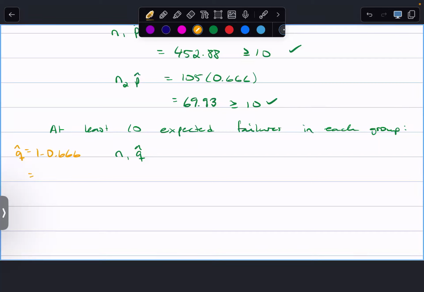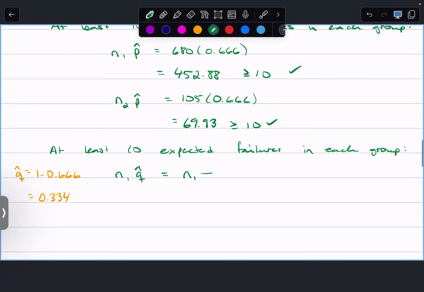Oops, not divided by, minus 0.666, which is 0.334. So you could do that. Or you could say N1 minus, I'm just going to do it, 680 minus 452.88, which I'm feeling confident is also greater than or equal to 10.